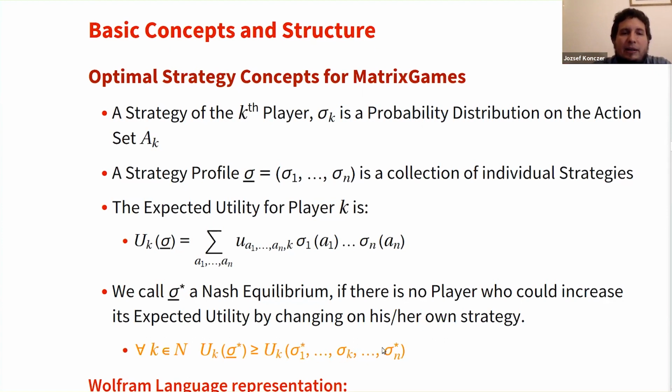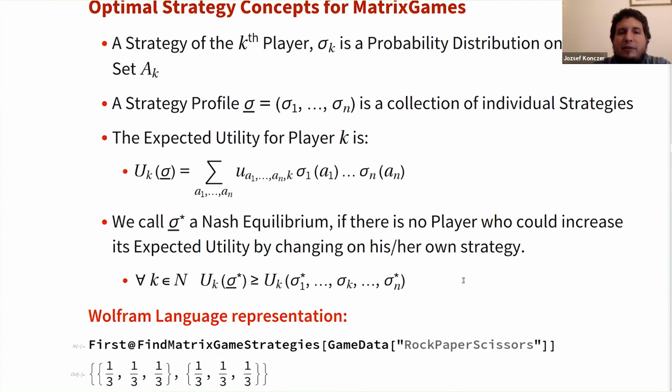And by this, we can define a central feature in this framework called the Nash Equilibrium. So we call a strategy profile sigma star a Nash Equilibrium if there is no player who can deviate with his own strategy, and by that gain higher expected utility.